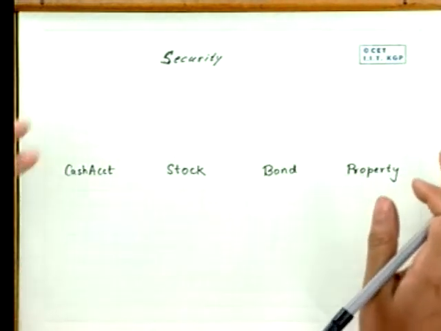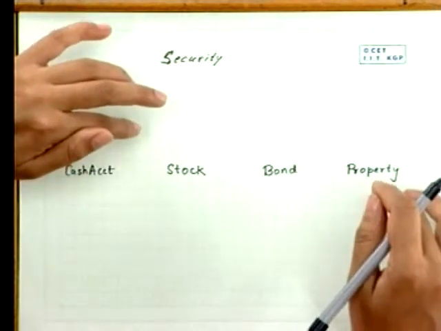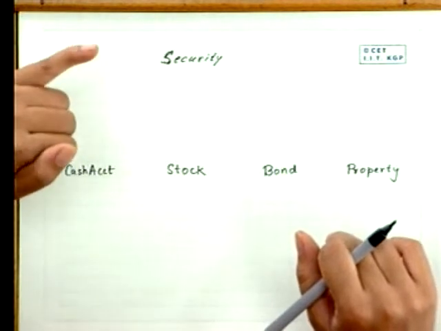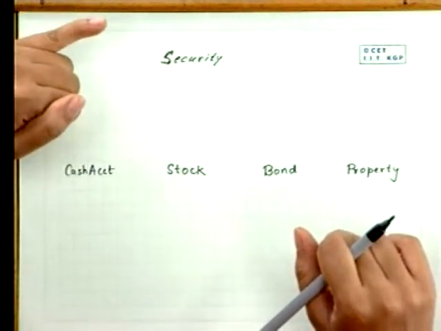And these objects have certain attributes and relations which are defined on them. For example, for all these objects, we have two operations defined. Number one is present value, number two is history.